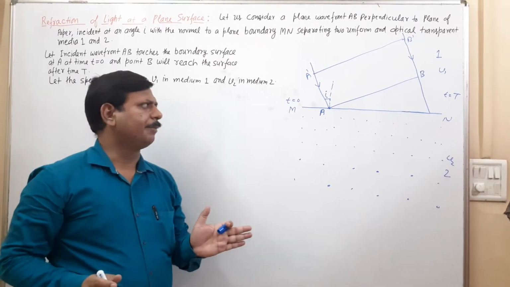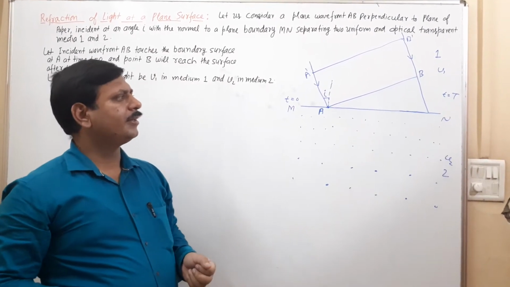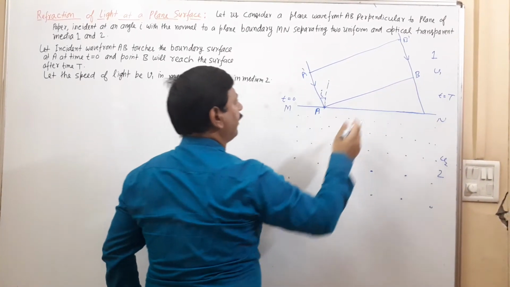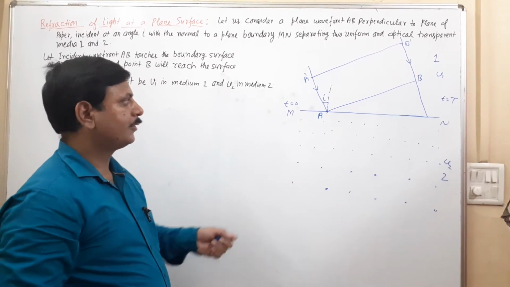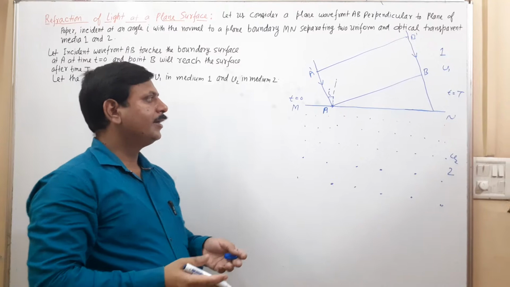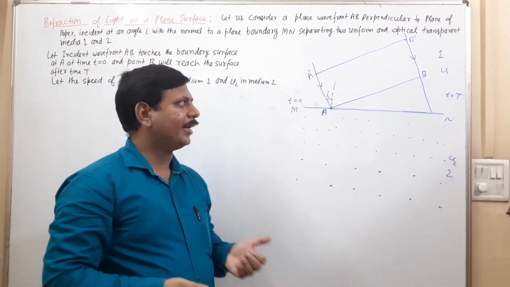By Huygens principle, pay attention, what did they say? The points on AB behave like new sources. If A behaves like a new source, it creates wavelets. What will be the radius of the wavelets?